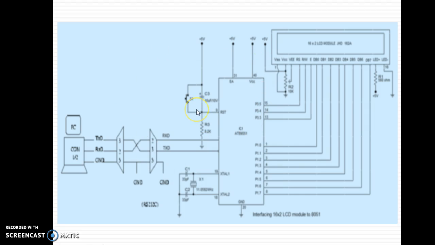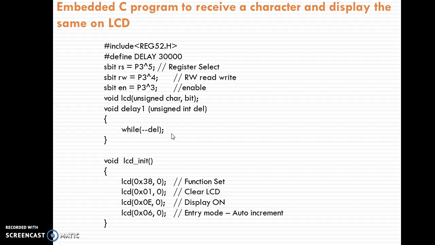This diagram illustrates how the LCD is being interfaced to the microcontroller, and on the other hand, how the microcontroller is going to receive the data from the PC via the serial port. The embedded C program to receive the character and display it on the LCD is shown here.